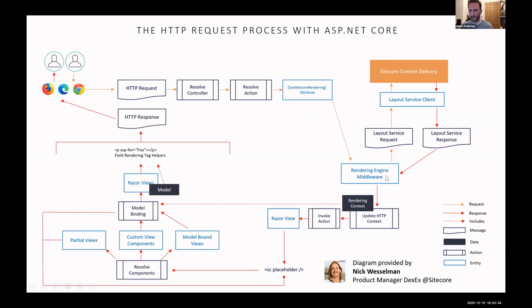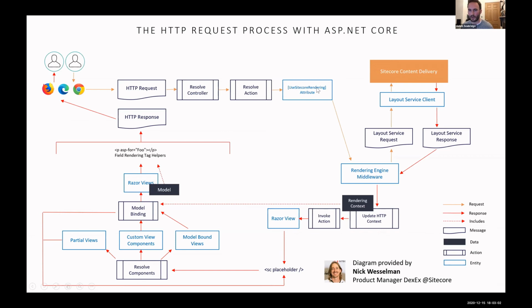And then the layout service client that's part of the SDK then returns the response back to the middleware. Okay. And then the middleware then basically injects the layout service response into the HTTP context within the rendering host project. So the .NET project that we're looking at, and then so kind of that resolve action step there, before even the action's been invoked, all this has happened.